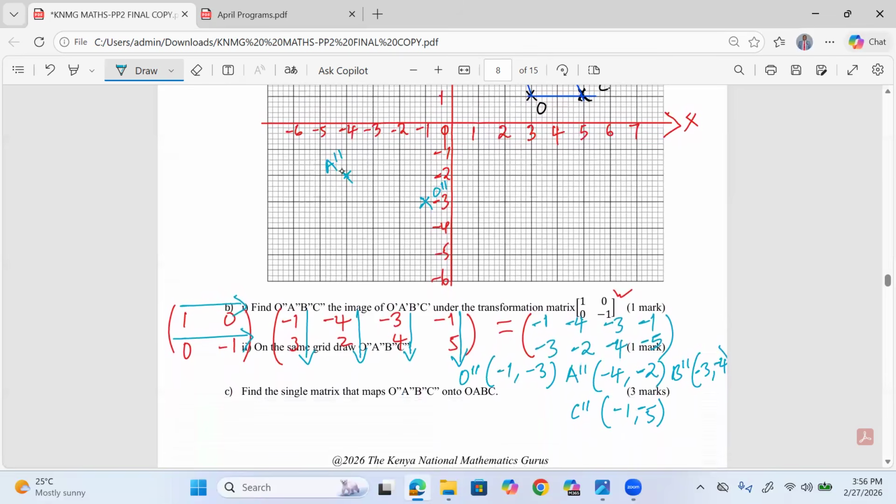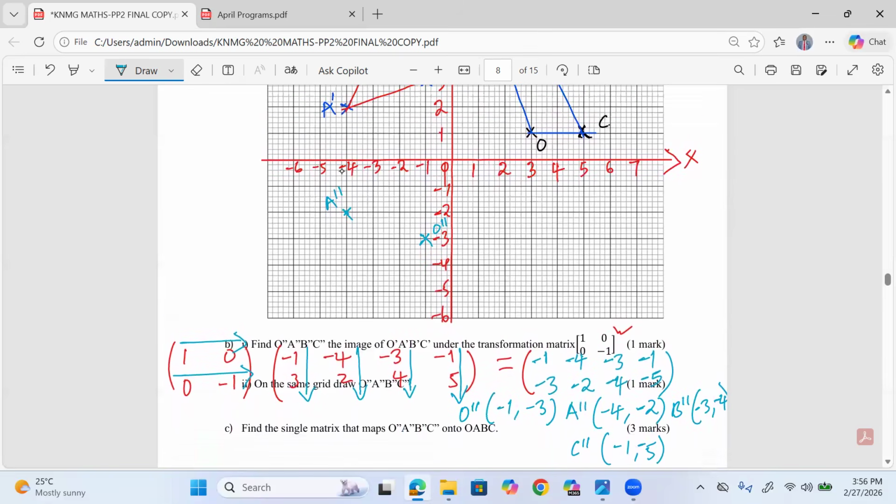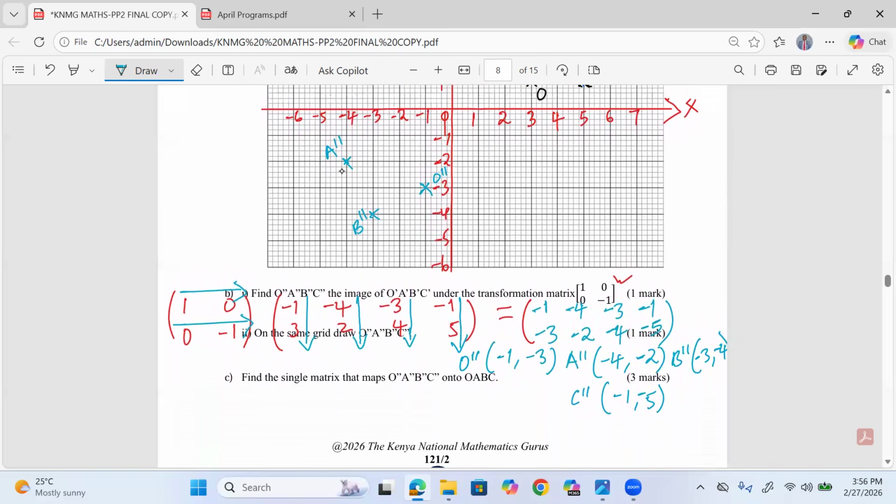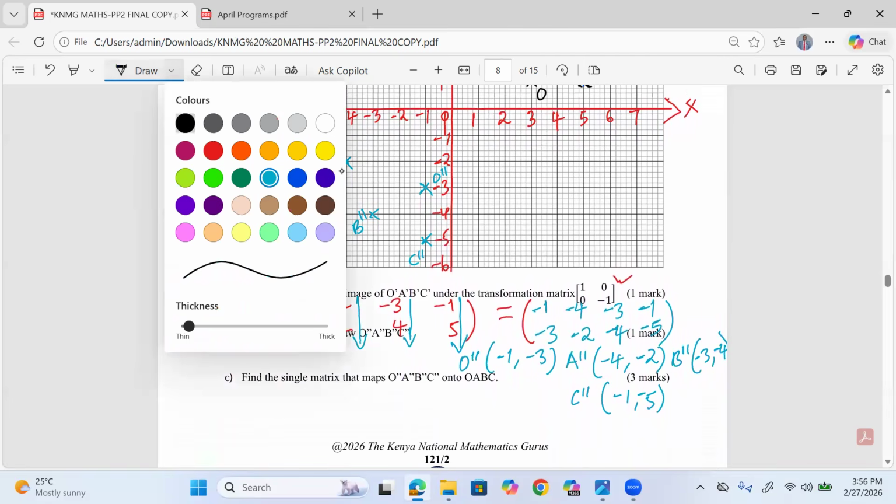Then for B, it shall be -3, -4. -3, -4, which is at this point. This is our B double prime. And finally, we have -1, -5. -1, -5 shall be at this point. So this is our C double prime, and you join all of them.